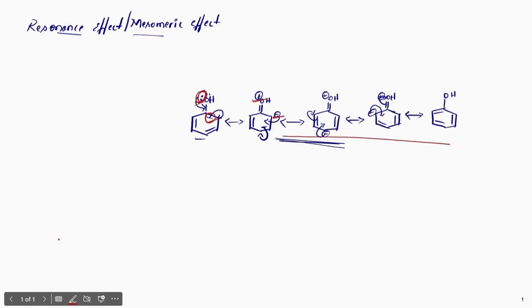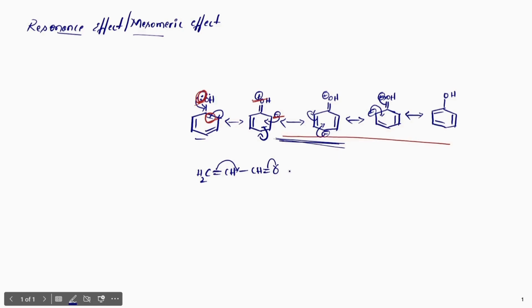Okay, we will take one more example, that is CH2 double bond CH, single bond CH double bond oxygen. Here these pi electrons are involved in conjugation. These pi electrons will be taken by oxygen.